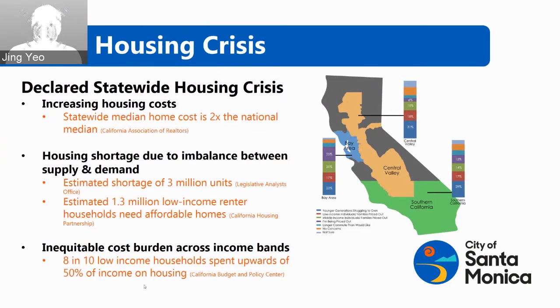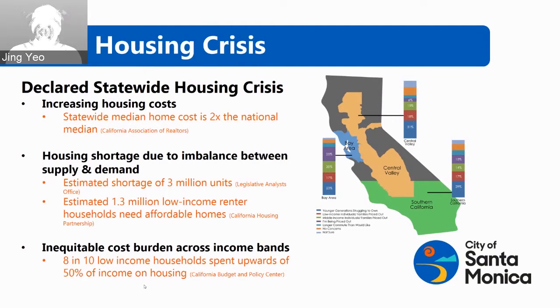There's an estimated shortage of 3 million units in the state due to the imbalance between supply and demand. There's a much greater demand for housing than there is available, and even more pronounced is that there's a greater demand for affordable homes. It's an estimated 1.3 million low-income renter households need affordable homes that don't exist.